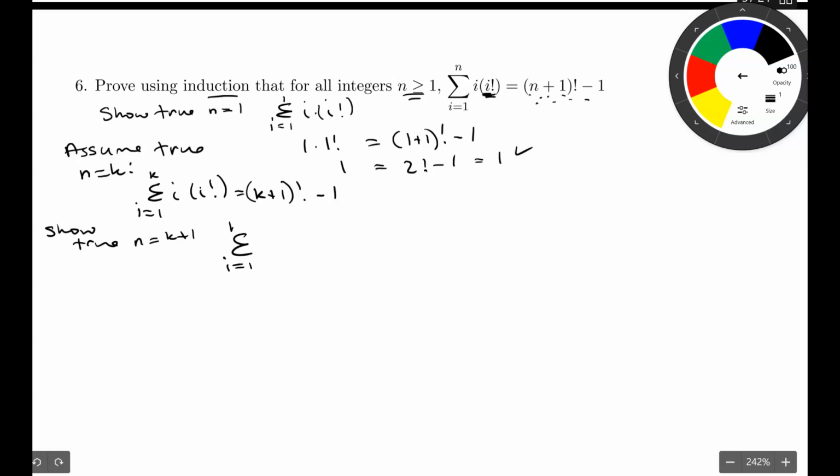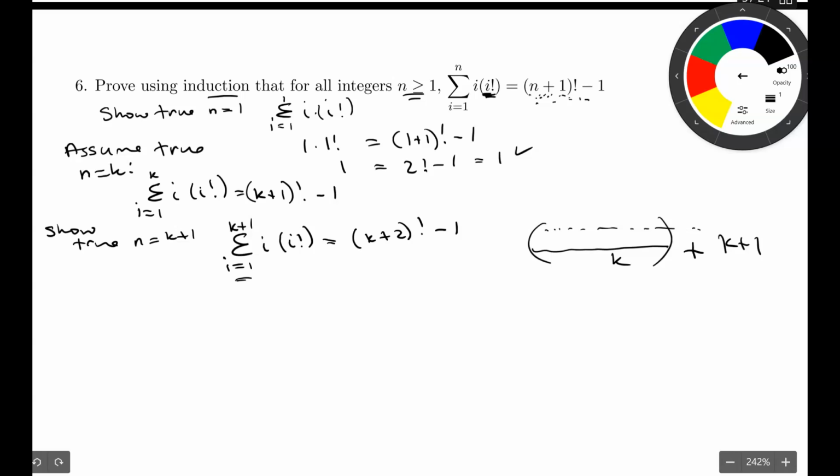So the sum from i equals 1 to k plus 1 of i times i factorial, and I'm putting in k plus 1 on this side, so I have k plus 2 factorial minus 1. Remember with these summations, I need to break off terms. If I'm adding all the way up to k plus 1, I want to break off the first k of them and add on the k plus first.